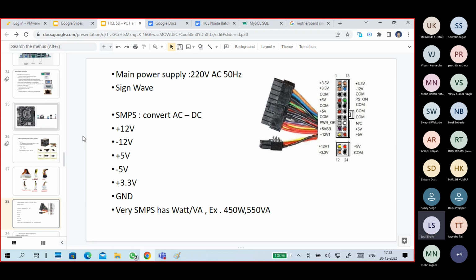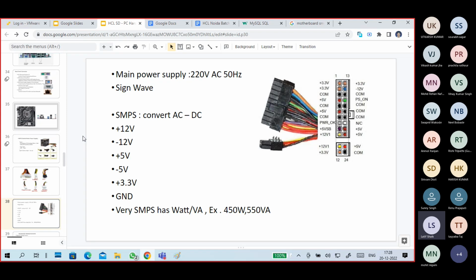How to select an SMPS depends upon the wattage and the 24 pin connector, plus whether you additionally require a 4 pin or 6 pin connector. Based on that, you have to select it. The SMPS wattage depends upon your processor, RAM, motherboard, and other components.